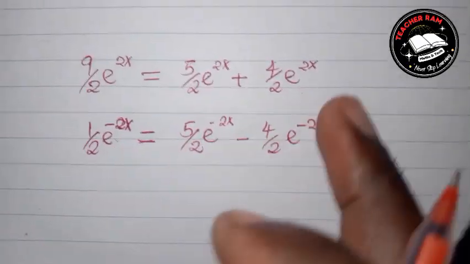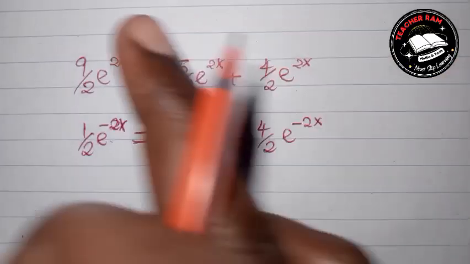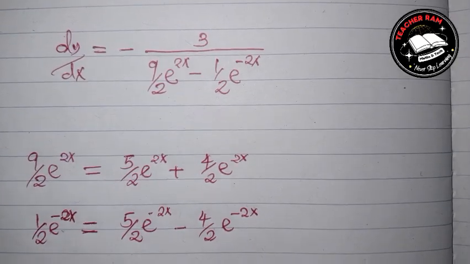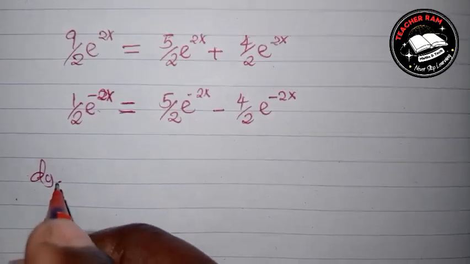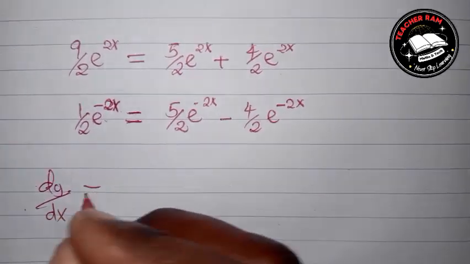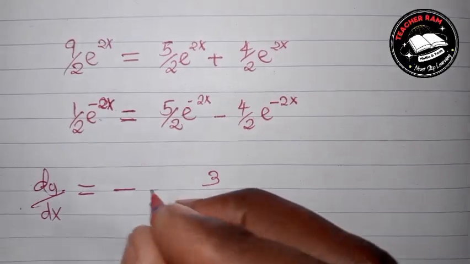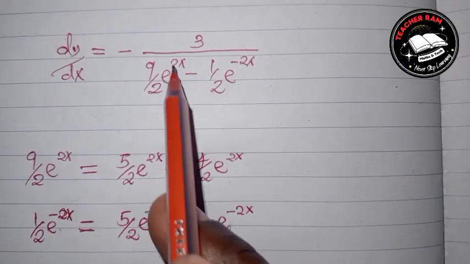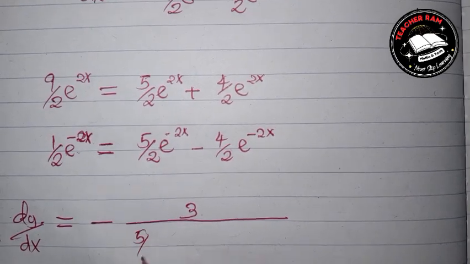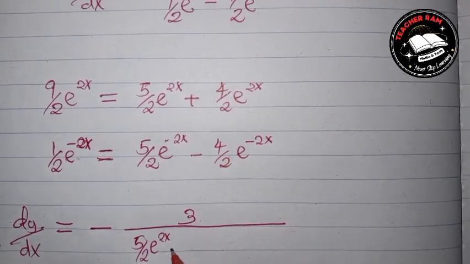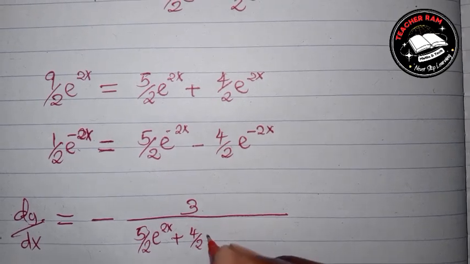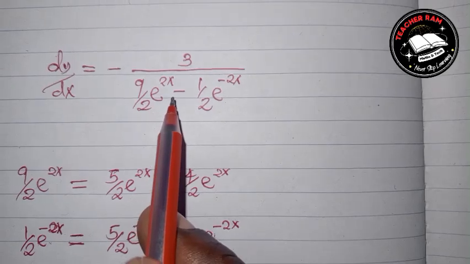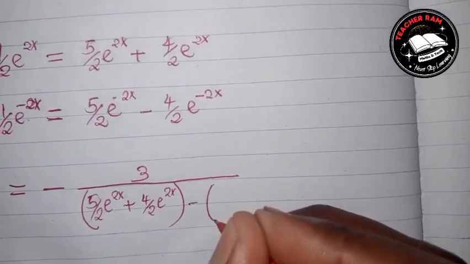So here, substituting these values in the place of these, the derivative of y with respect to x will be equal to negative 3 divided by, in the place of 9 over 2 we are going to write 5 over 2 e power 2x, then plus 4 over 2 e power 2x, first one, and we have here minus bracket.